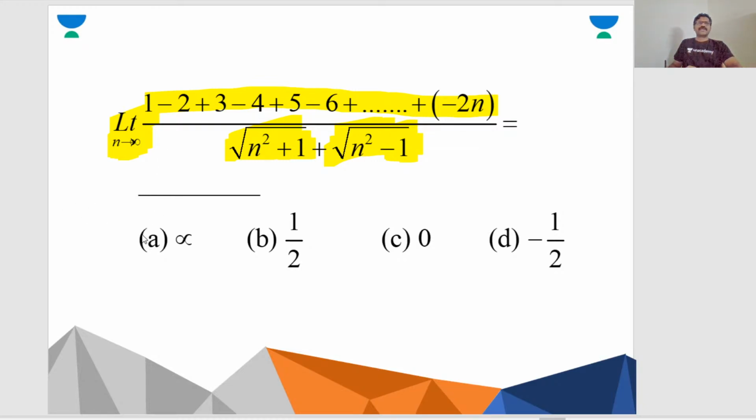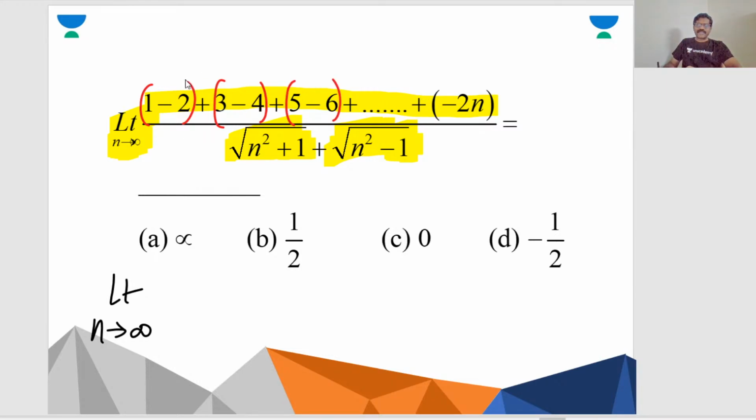Now, here limit n tends to infinite, 1 minus 2, 3 minus 4, 5 minus 6.